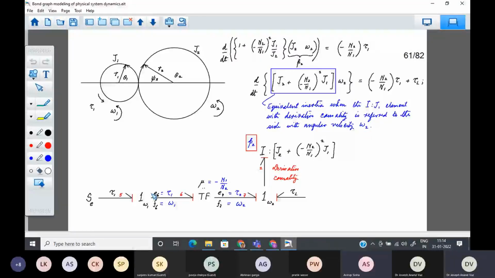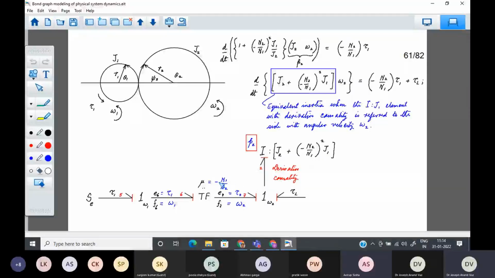Okay, here also now we have removed the derivative causal I element and transferred its effect on this side. Okay, its inertia has come here. But when you did that, you had to add this term, which is N2 by N1 squared into J1.